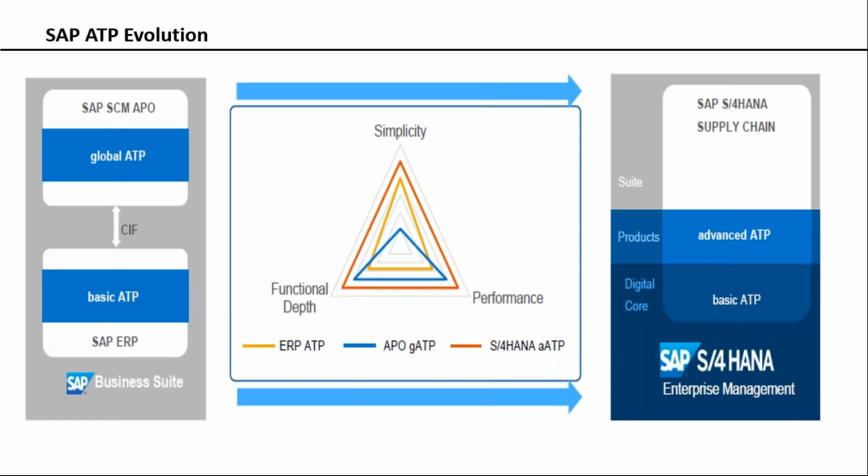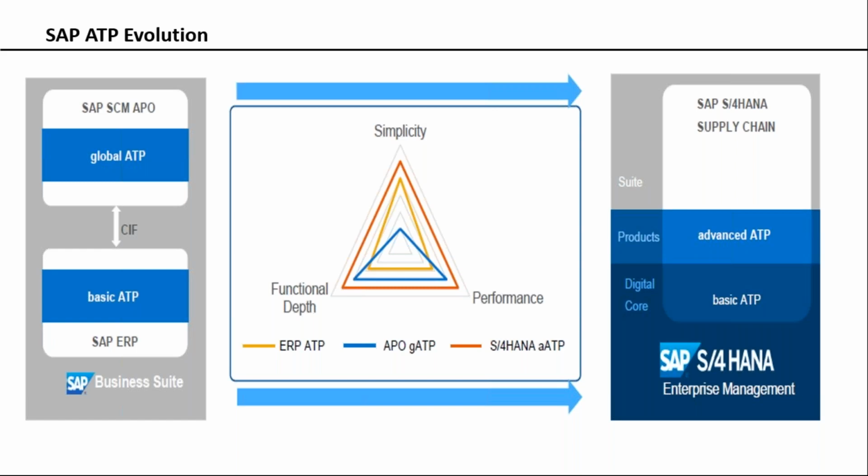Then when the SAP S4HANA product was developed, SAP came up with advanced ATP functionality, which is more flexible and also more user convenient.